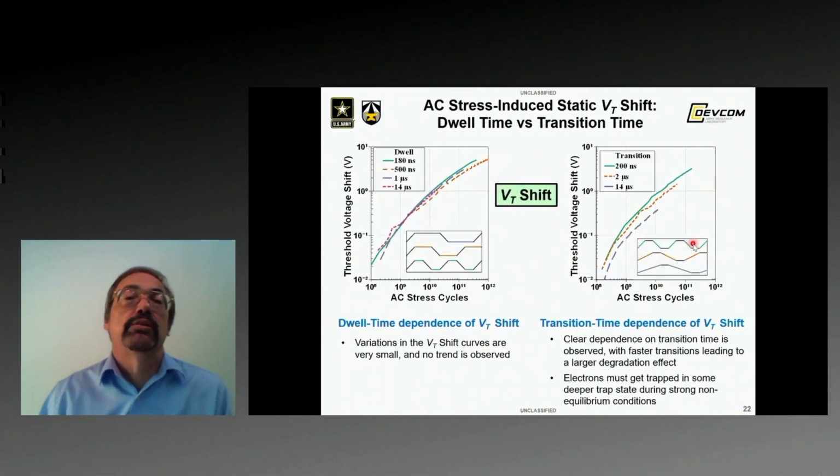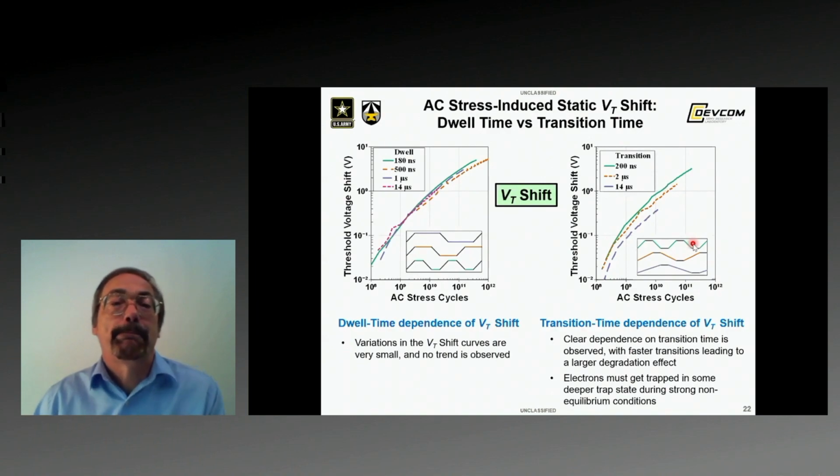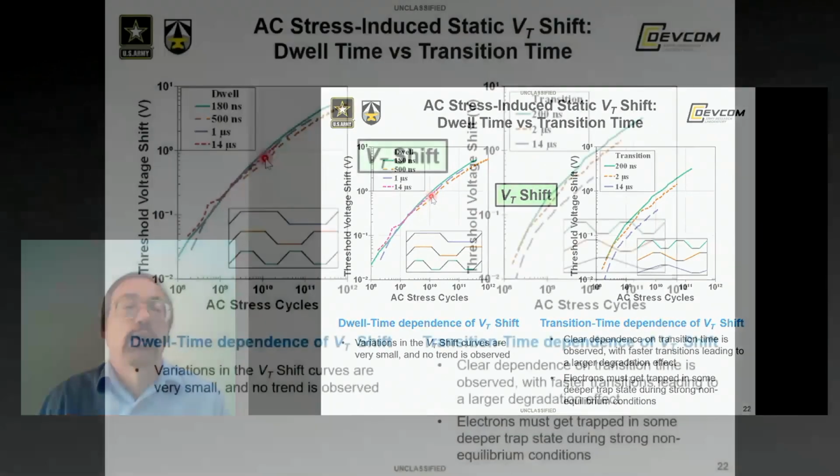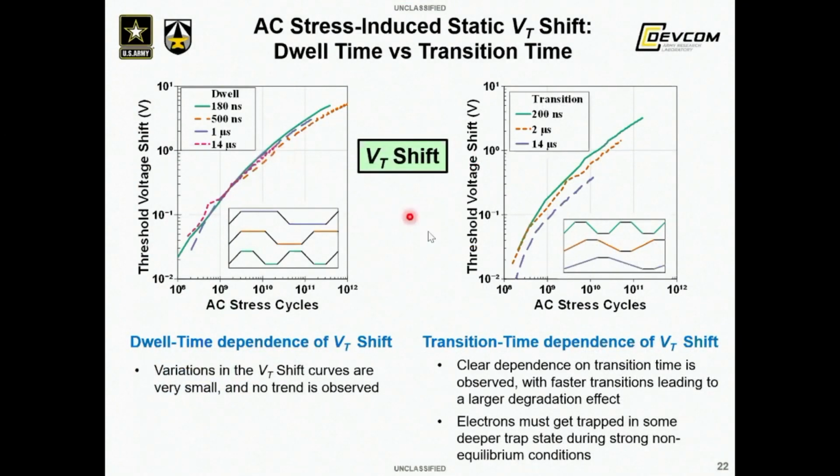We also compared dwell time versus transition time. And for dwell time, we see some small variations in VT shift curves, but no trend is observed. Whereas for the transition time variations, we see a clear dependence on transition time, and faster transitions lead to a larger degradation effect.